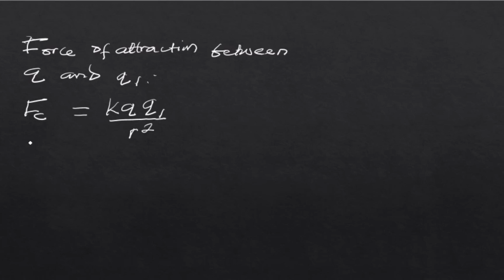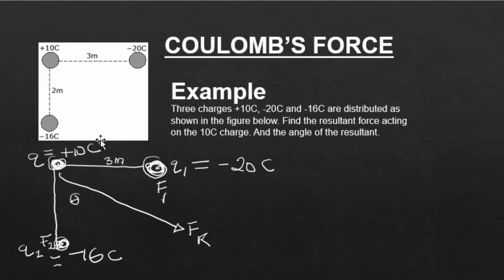From here, if we substitute directly, we have FC equal to 9 times 10 raised to the power of 9 multiplied by, if we go back to what we have previously, you will discover that our charge Q is 10 Coulomb charge and Q1 is minus 20 Coulomb charge.